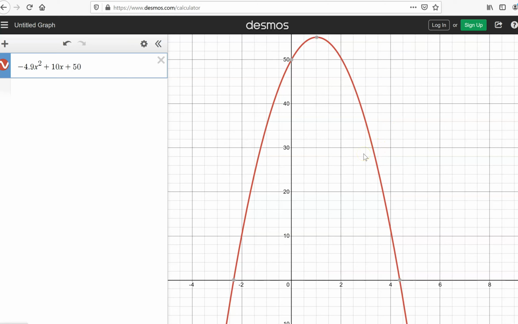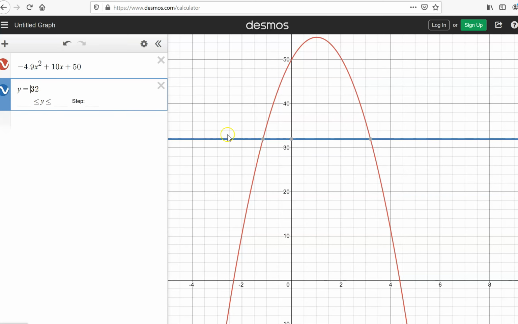So what we can do is actually graph a horizontal line. So say I wanted to graph a horizontal line of 32. Now if I just type in 32, that's not going to do anything. Really what I want to type in is the line y equals 32. So I'm going to edit that and go y equals, and then you can see this horizontal line, and now we have these great coordinates for where we're intersecting.